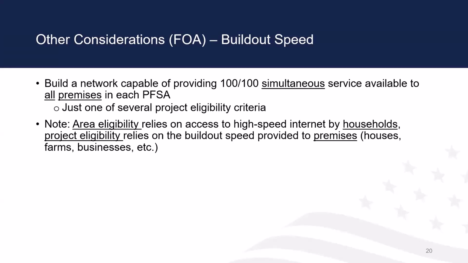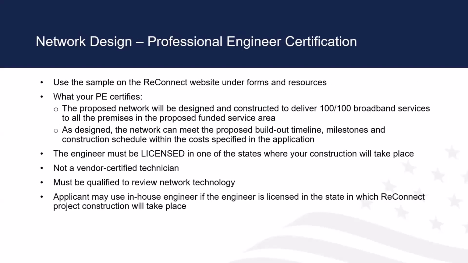There can be different packages, but if every customer would, you should be able to show that the network has that capability. Area eligibility relies on access to high-speed internet by households. Project eligibility relies on the build-out speed provided to those premises, houses, farms, businesses, etc. Next slide.